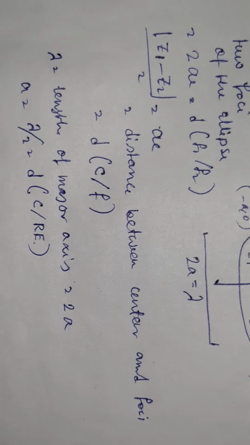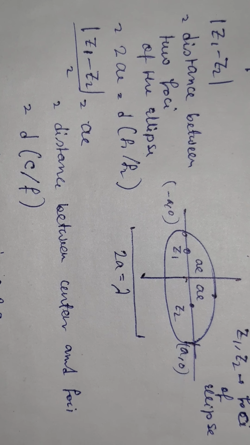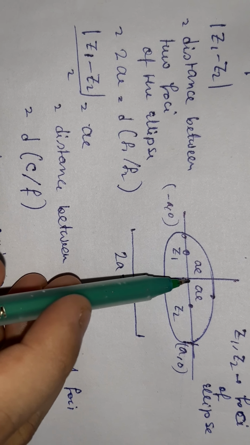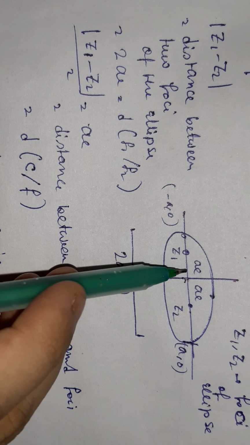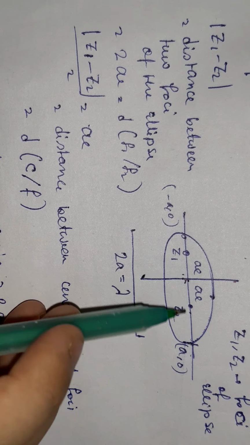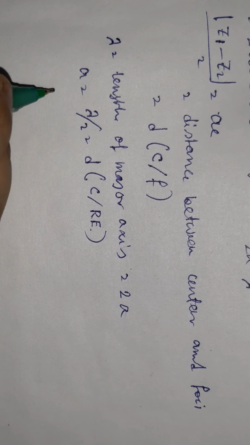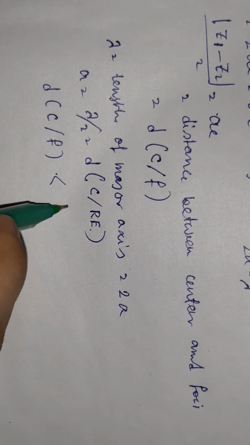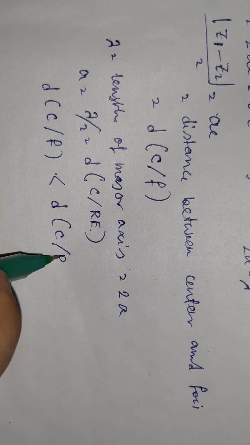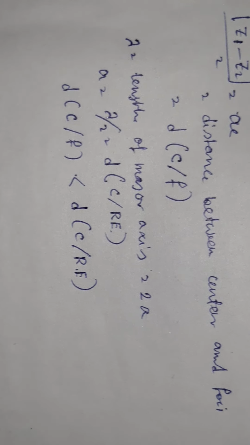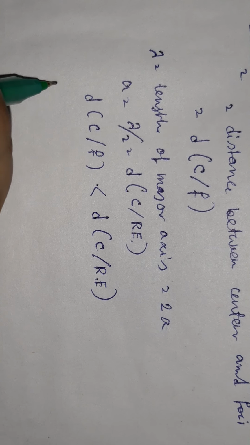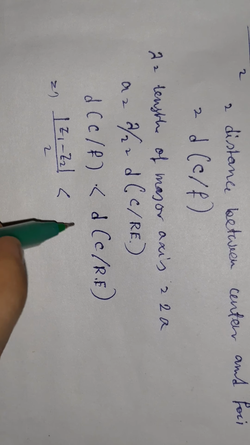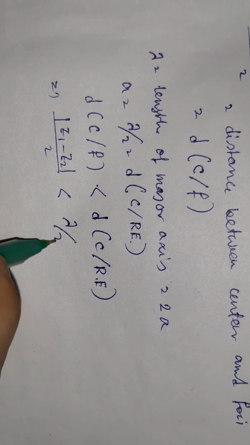In the picture or graph of this ellipse, we can easily see that the distance between the center and a focus is less than the distance between the center and the right extreme point of the ellipse. The distance between the center and focus is |z1 - z2|/2, which is less than a, which is lambda/2.